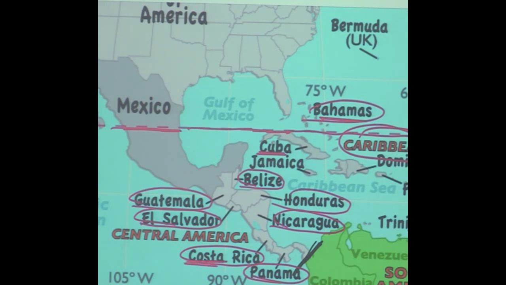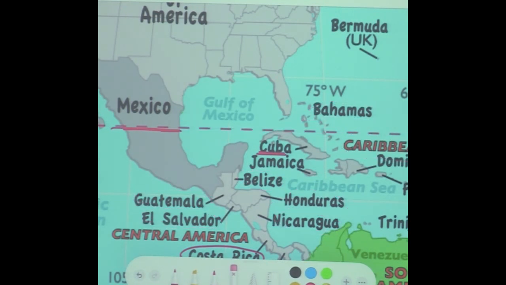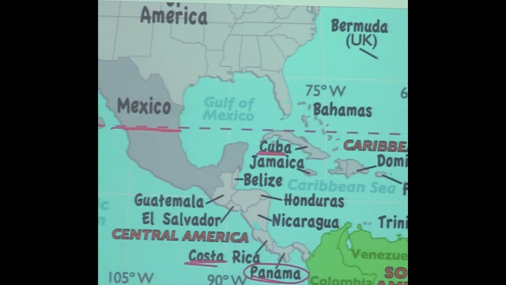The islands considered part and parcel of Central America include Cuba, Jamaica, and this island called Hispaniola, which is divided into two countries. You can notice Dominican Republic is mentioned here, which is this part, and the western part is an independent country, and that is called Haiti.